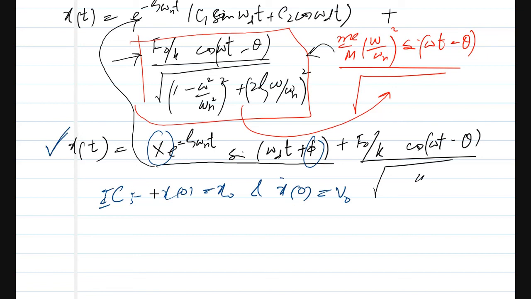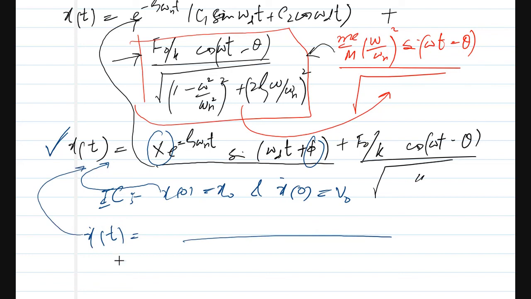You first put t equal to 0 to get x naught, then take the derivative to find x dot of t, and put that equal to v naught, and then find the two constants.